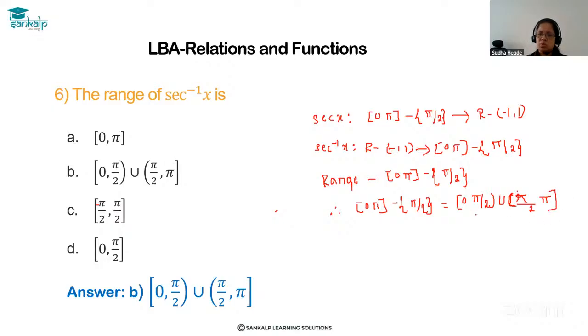Okay, so now you check. Option B is this, correct? So option B, the closed interval 0 to pi by 2 union open pi by 2 to closed pi, is the correct answer. Thank you.